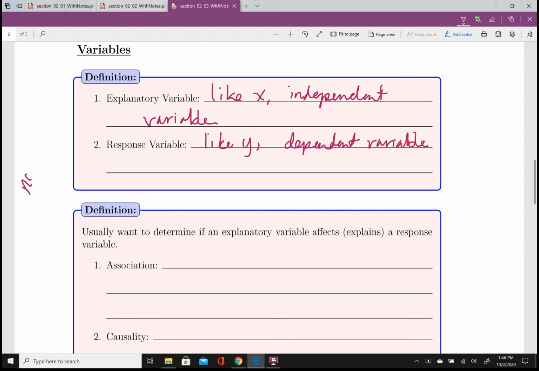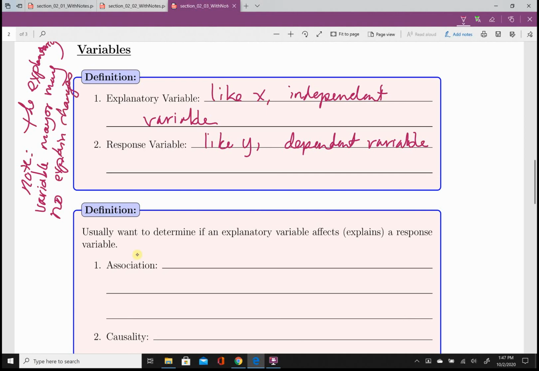So I'm going to say off to the side, note the explanatory variable may or may not explain the response variable, or explain changes in the response, I guess is what I should say. Changes in the response variable. Cool. So something to note off to the side.